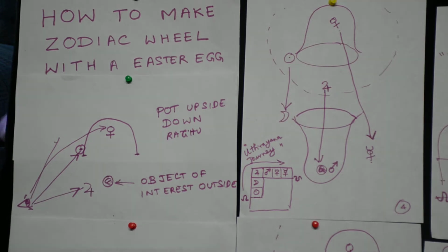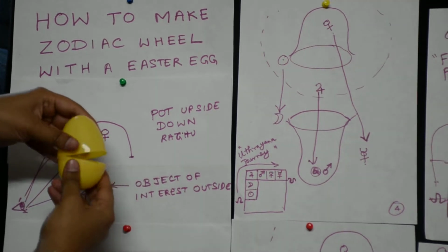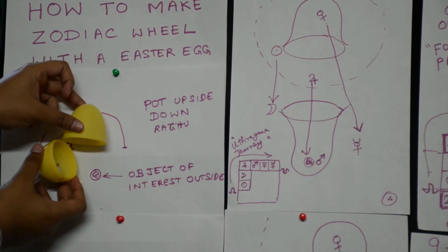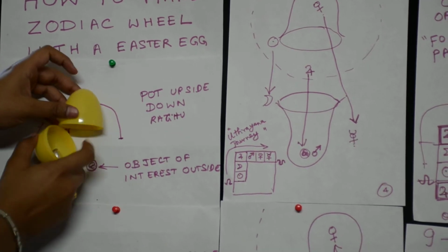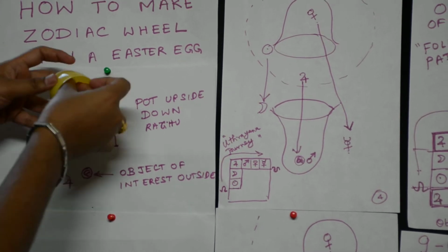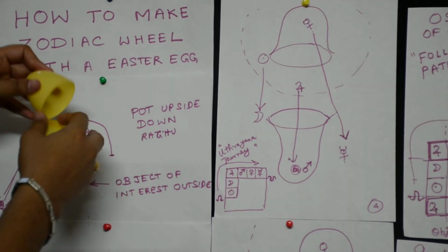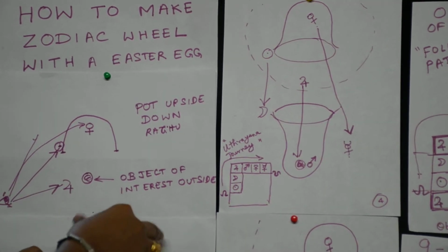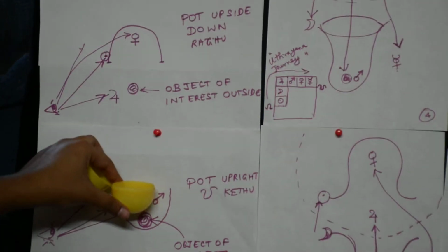So the first step is to make sure that the egg is made up of two parts. One is upside down, wherein whatever you put inside it will fall down. The second part is upright, where whatever you put inside it will stay within.